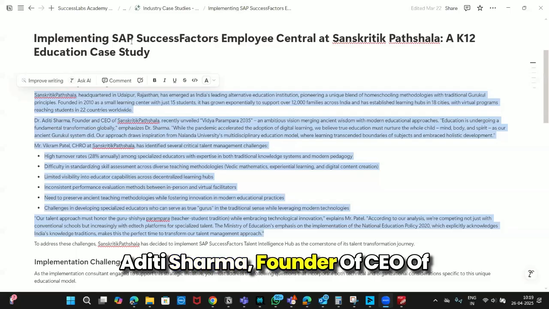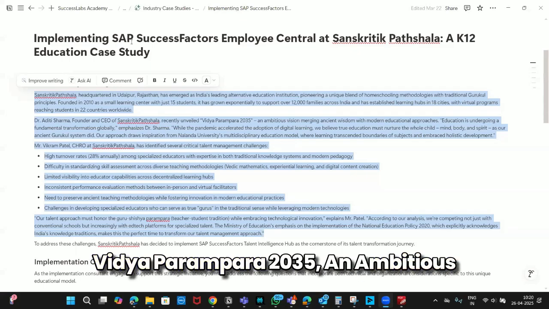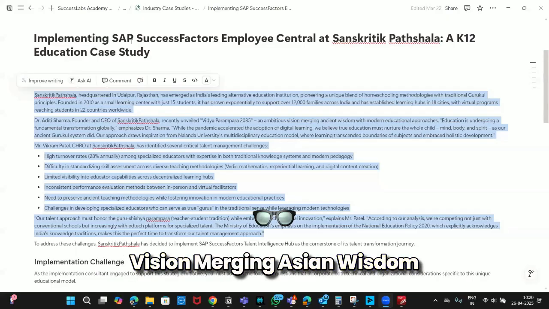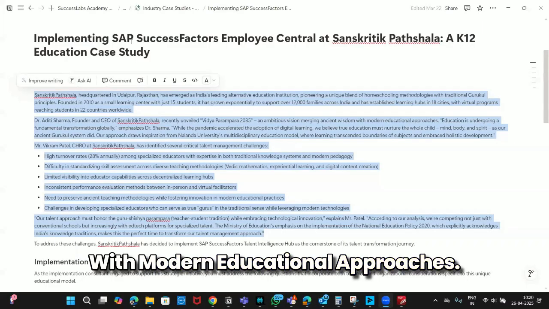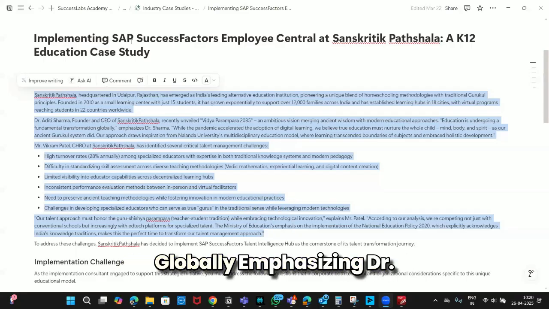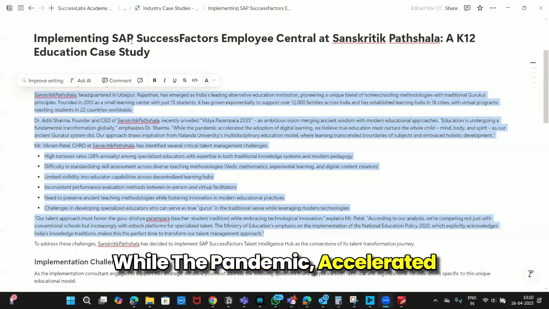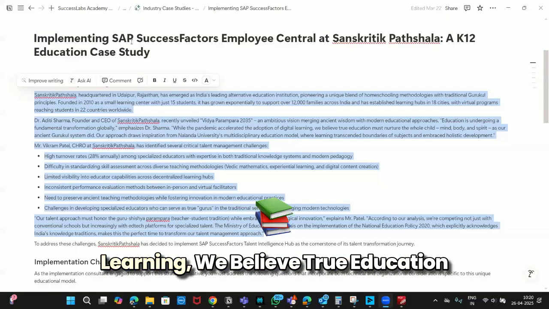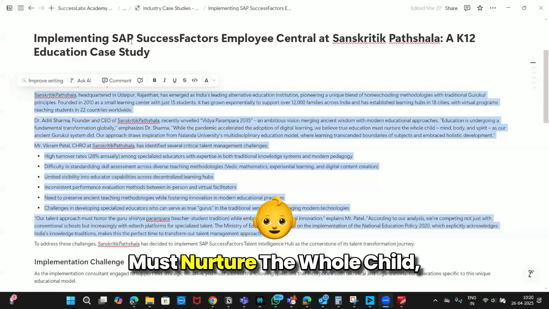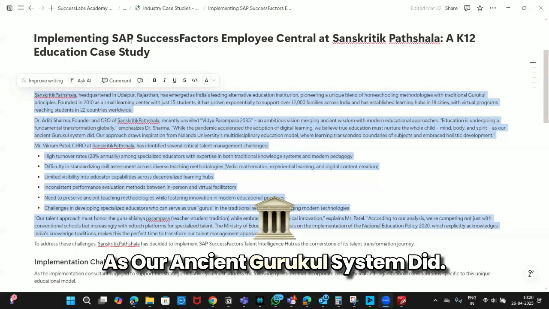Dr. Aditi Sharma, founder and CEO of Sanskriti Pathshala, recently unveiled Vidya Parampara 2035, an ambitious vision merging Asian wisdom with modern educational approaches. Education is undergoing a fundamental transformation globally, emphasizes Dr. Sharma. While the pandemic accelerated the adoption of digital learning, we believe true education must nurture the whole child, mind, body, and spirit, as our Asian Gurukul system did.